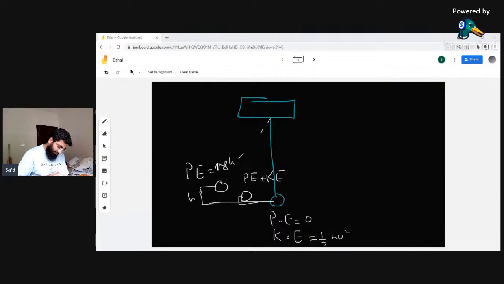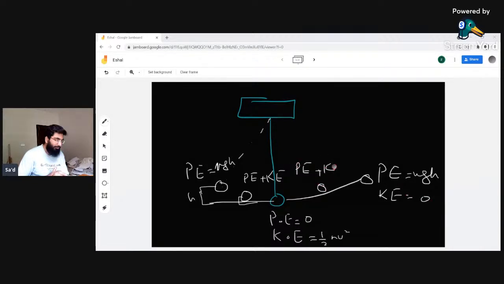Then it would go on to the other side, and as it goes on to the other side, it would start gaining some PE and start losing some KE until it reaches this maximum height again, and there it would again have PE and no KE. And at this particular point, let's say it will have PE plus KE.